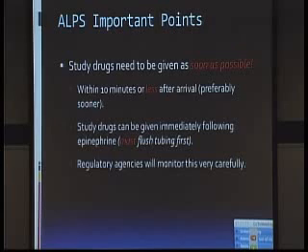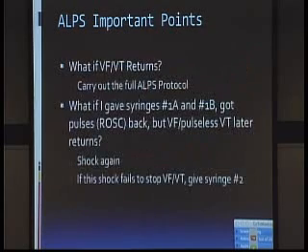They can be given immediately following epi, but you have to flush the tubing first. And this is something that's being watched very, very closely. So if it comes back, you're going to continue on with the protocol. If you give those, you get that again, then you're going to shock again. If they're still in VF or VT, you're going to give syringe number 2.